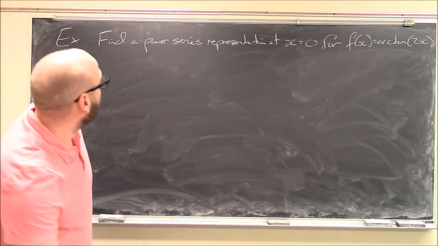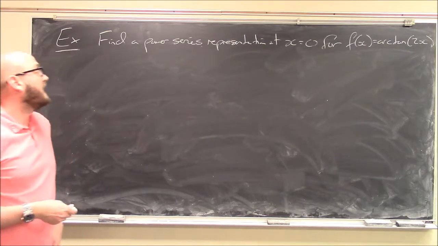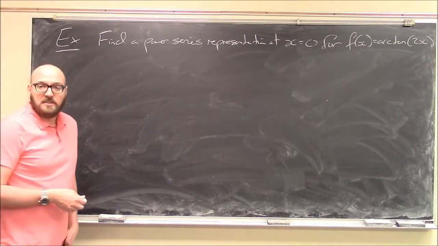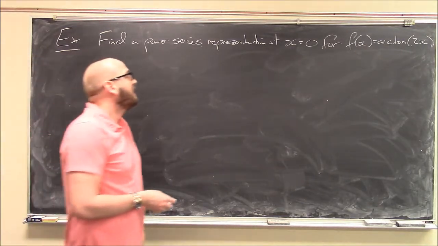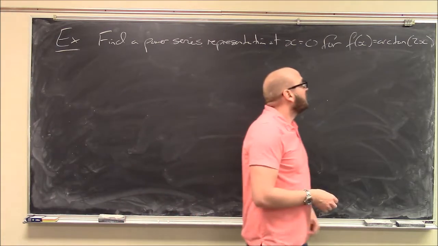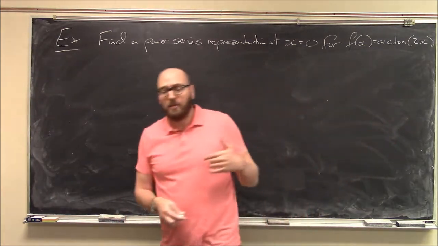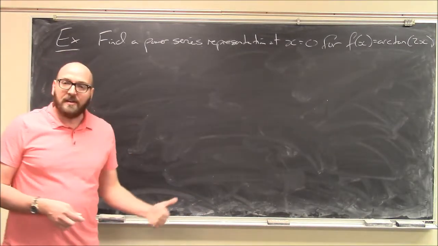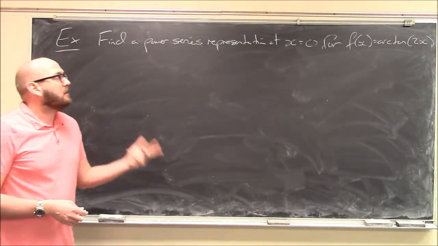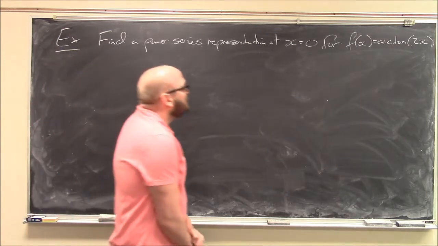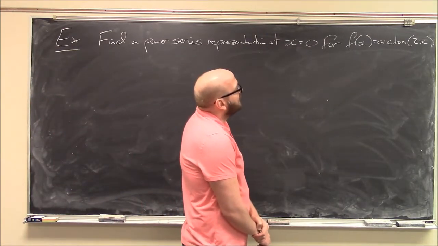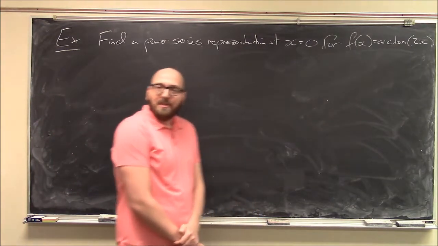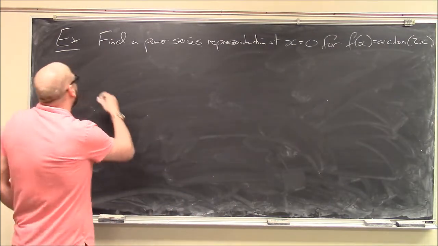Okay, so I want to find a power series representation at x equals 0 for arctangent of 2x. Well, this doesn't look like any of our 4 memorized ones, right? We've memorized power series expressions for 1 over 1 minus x, e to the x, sine x, cosine of x. This doesn't look like any of those, but it is the integral of something that looks like one of those, right? So let's differentiate this.